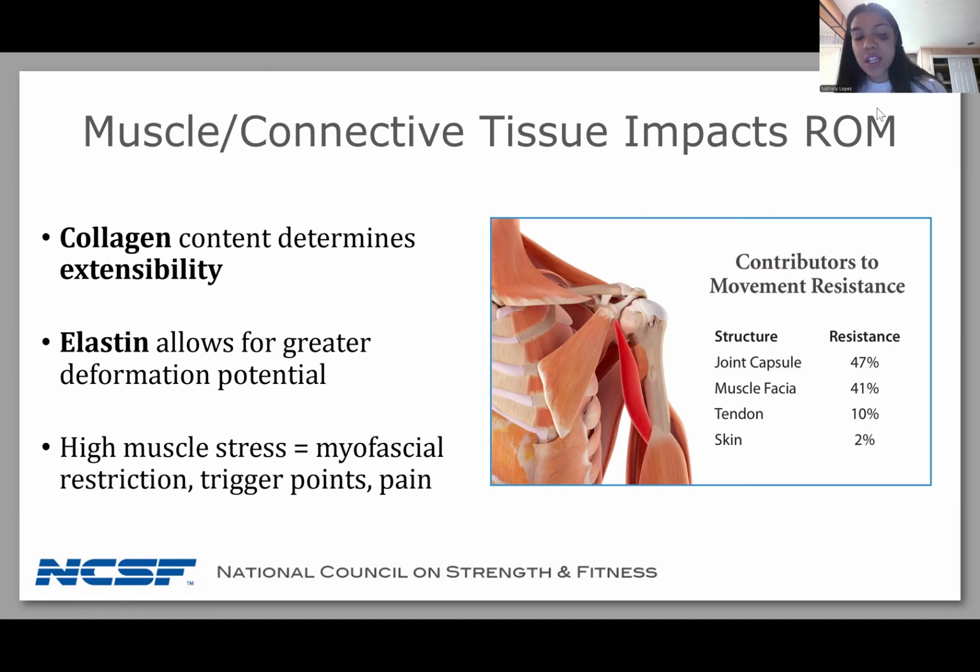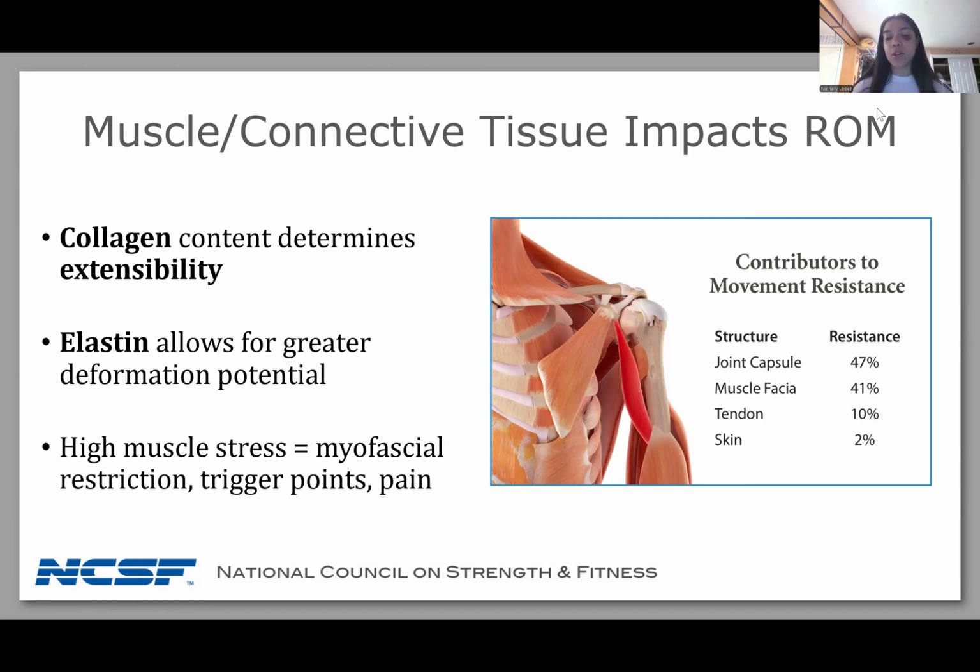So elastin allows for greater deformation potential. So when there's more elastin in that tissue, that's when it's going to have more potential to stay in that form once it's stretched. So high muscle stress equals myofascial restriction, trigger points, and pain.